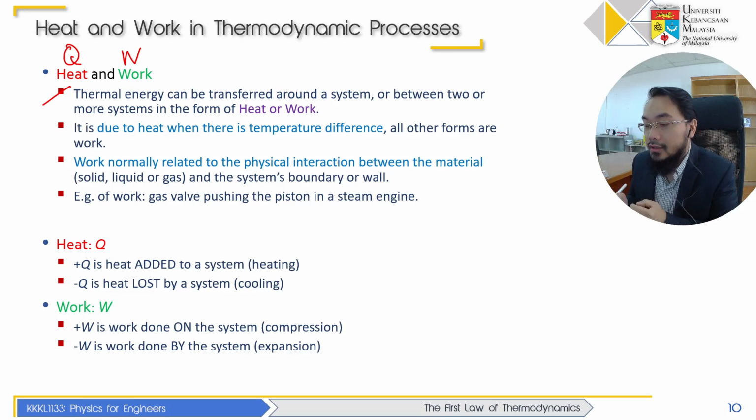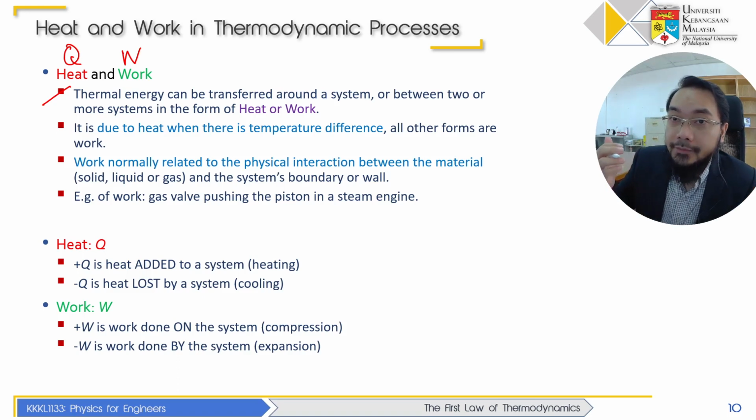Work means that if the gas is expanding or contracting, it can push against the boundary. If you are pushing the boundary and changing the boundary of your system, then that means your thermal energy has been converted into mechanical work. So how do we know if the transfer of thermal energy is due to heat or due to work?